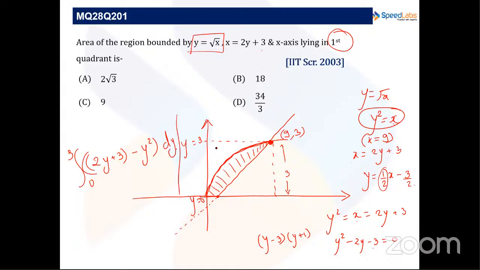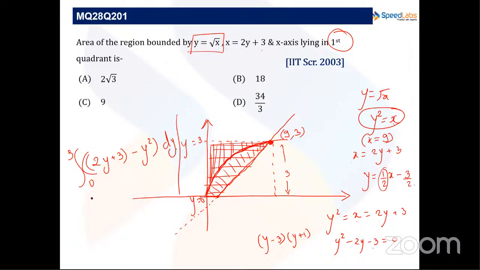See, we have to find this area. So we have found out the area included between the line and y-axis, and we have subtracted it from the area included between the curve and the y-axis. So we will get the area bounded between these two curves.